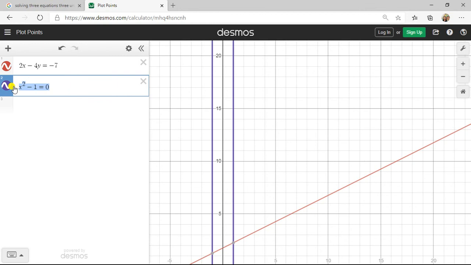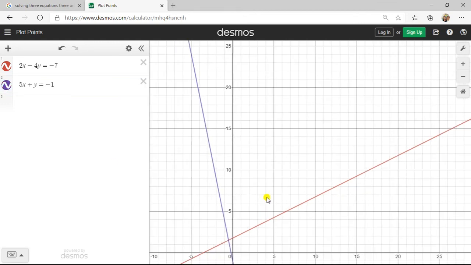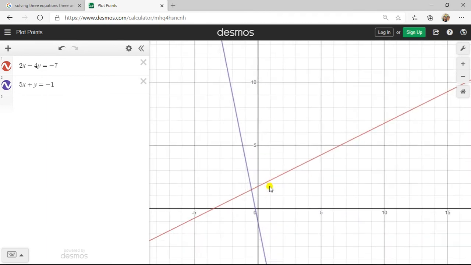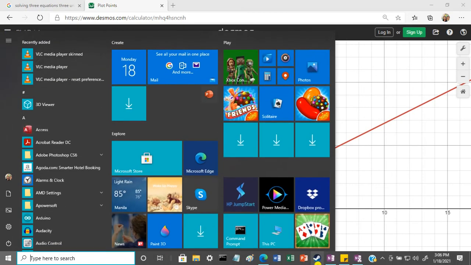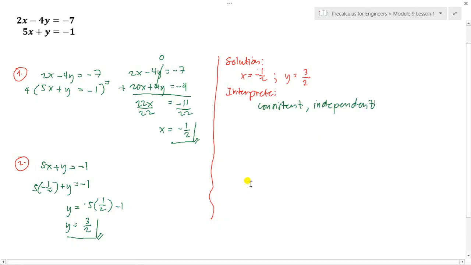For the second one, we have 5x plus y equals negative 1. Here is the solution at their intersection: negative 1 half, negative 0.5, and 3 halves. So therefore the solution is correct, negative 1 half and 3 halves.